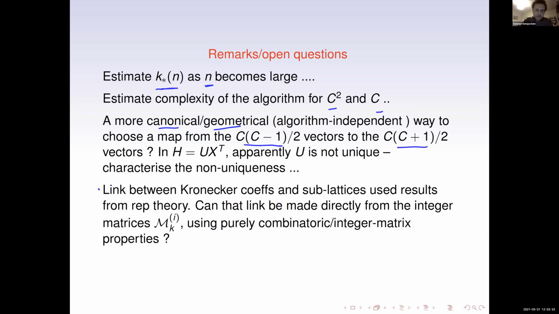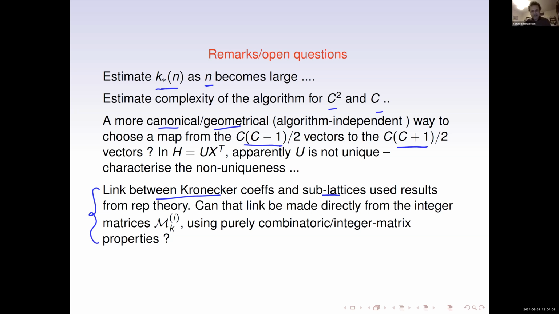Another question is that we have made the connection between Kronecker coefficients and the sublattices using representation theory, using the fact that the TKs act on the Qs to give you these normalized characters. But of course, we just have that integer matrix. An interesting question is, if you just took that integer matrix, can you show purely combinatorially from that integer matrix whether you're going to get C squared?